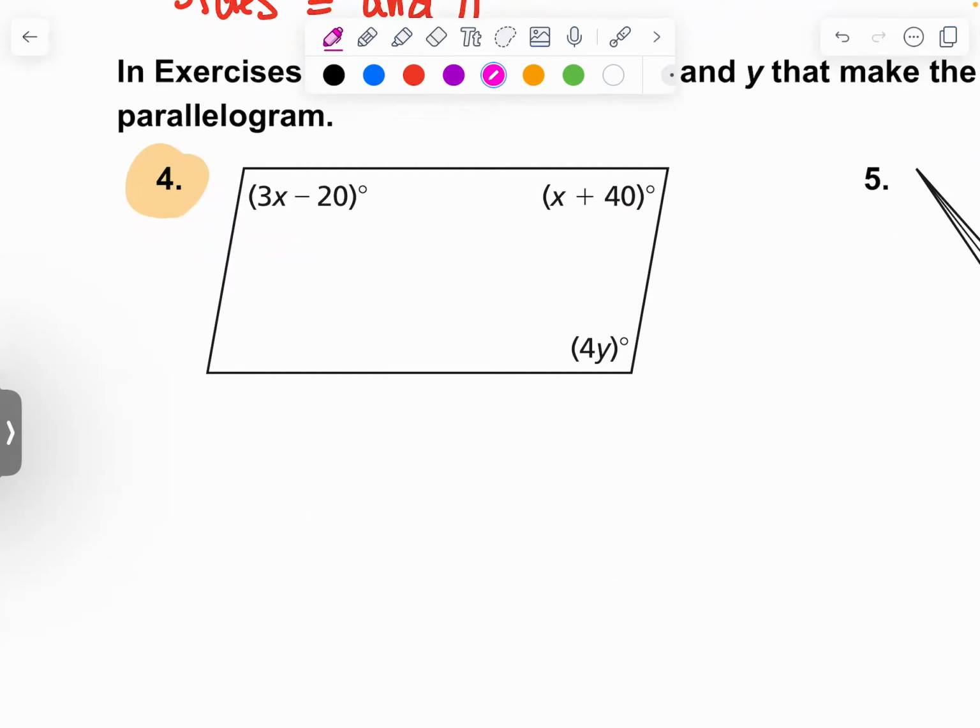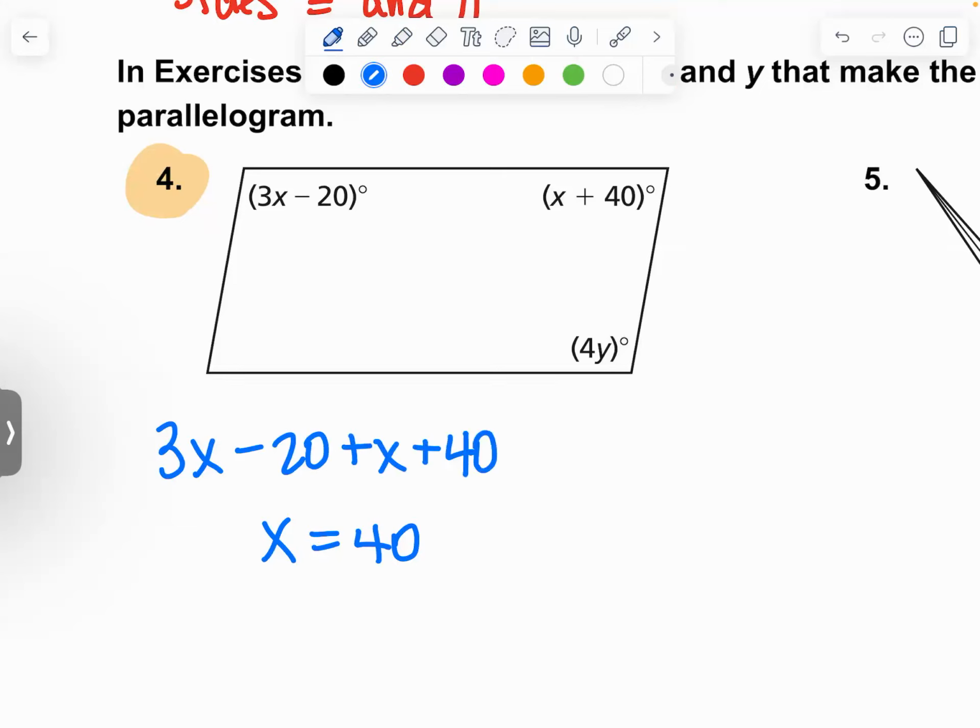If number 4 wants to be a parallelogram, Nora, what is X? Oh, they're not equal. You're right. X equals 40? Brayden, how do we get X equals 40? Add the x's, and then subtract 20 from 180, that's 160. So you're saying add these two and they equal 180?